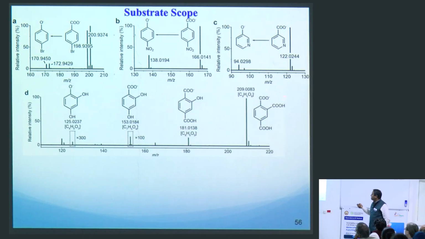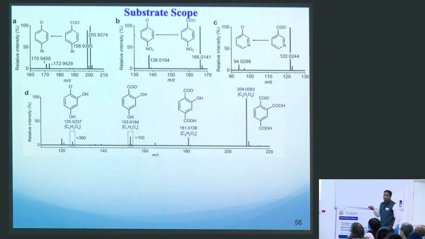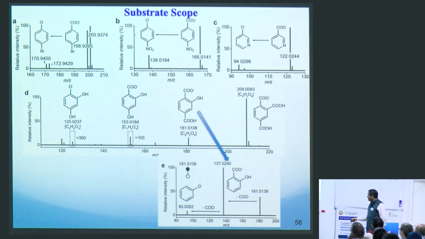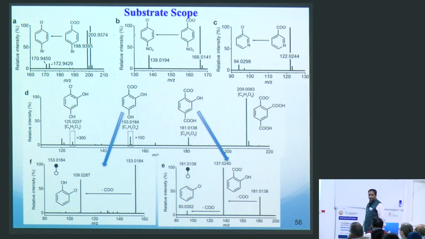Also, if you have multiple acids, a triacid, we see mono-decarboxylation, di-decarboxylation, and then tri-decarboxylation. All the products we are able to observe in the mass spec instrument. And further, that has been determined by using MS/MS study. Further cleavage, one can see in the mass spectrum, clearly tells the formation of this product.